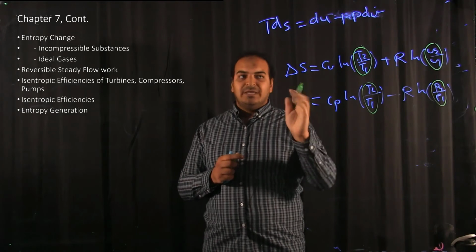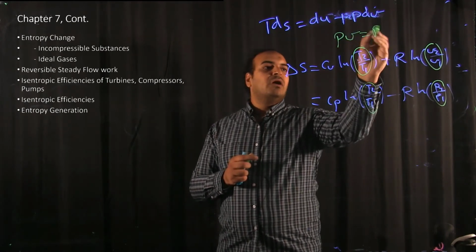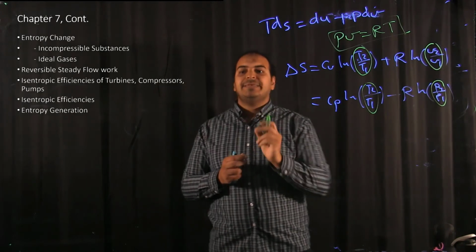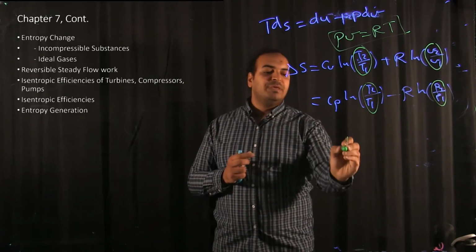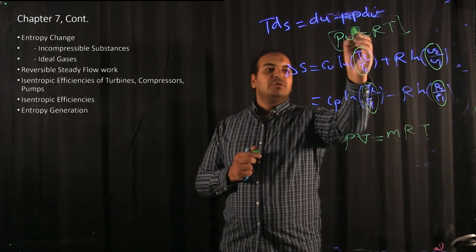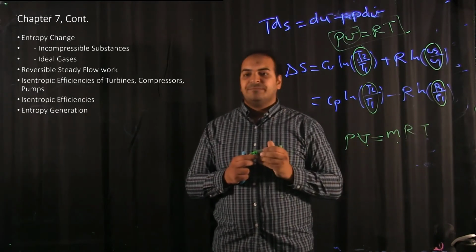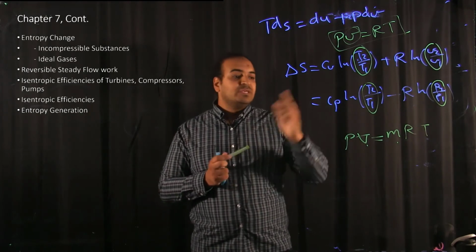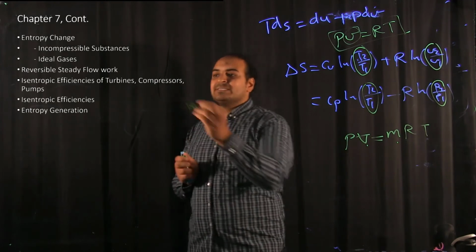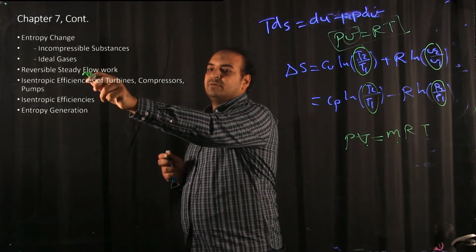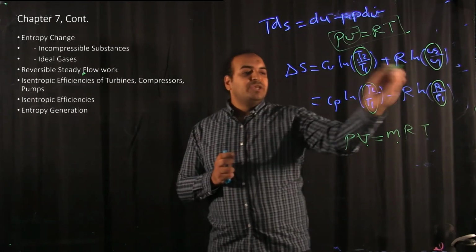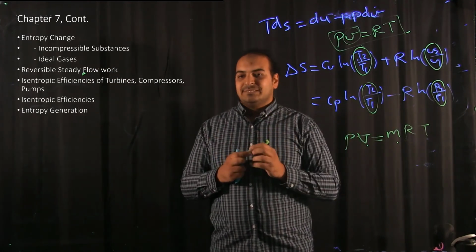For an ideal gas, PV equals RT. This is always correct for every single state. PV equals RT, or PV equals mRT. We can put this in terms of volume per unit mass. So these equations are always valid, only for ideal gases.